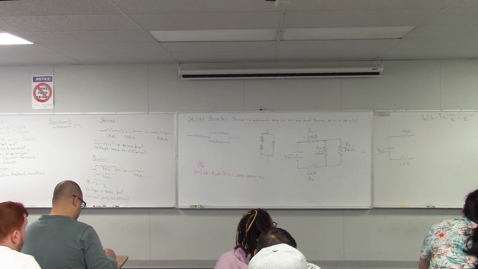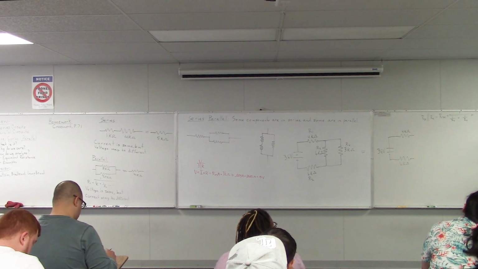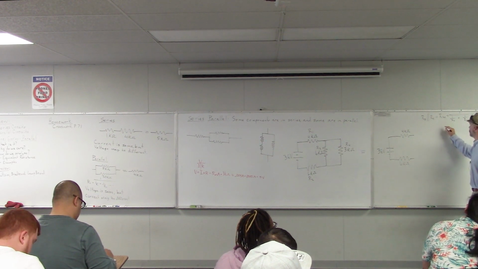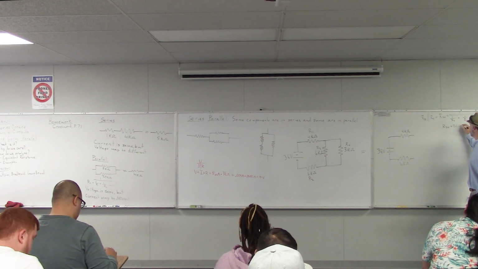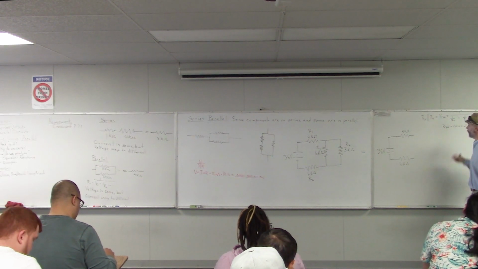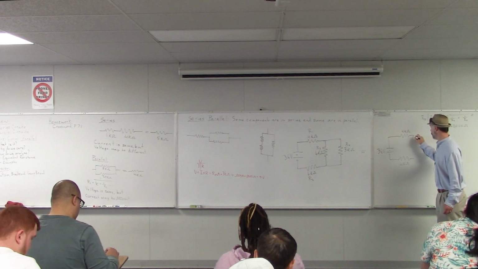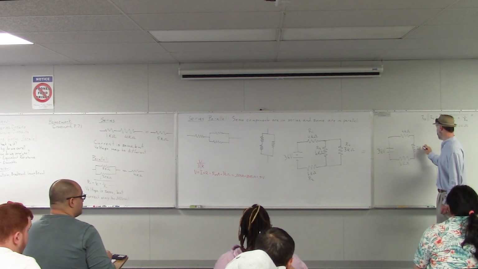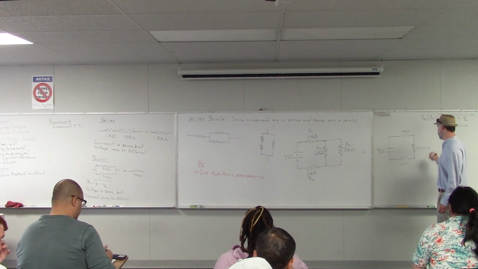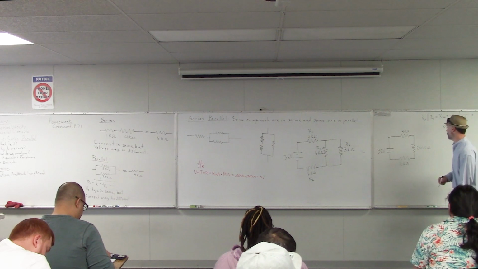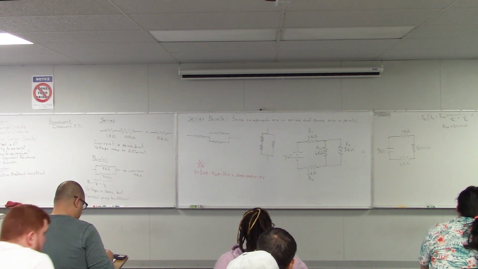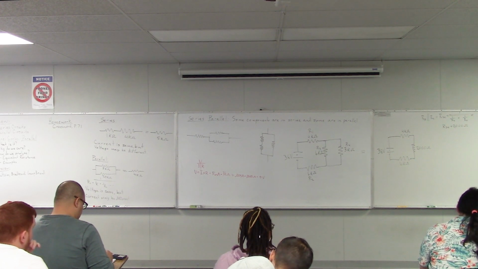Anyway, the equivalent resistance comes out to be R34 equals 2,000 ohms. So we can redraw those two resistors as just one equivalent resistance of 2,000 ohms, or 2 kilo ohms. Any questions about how we got that? Yeah, exactly.